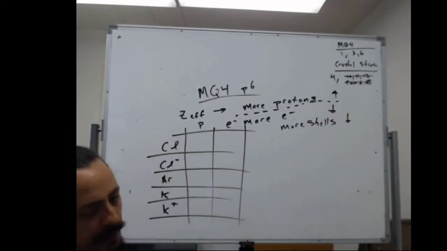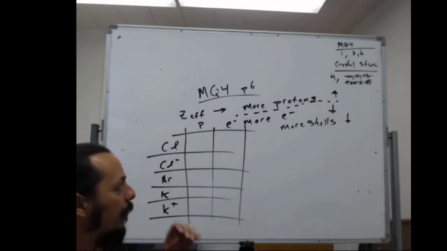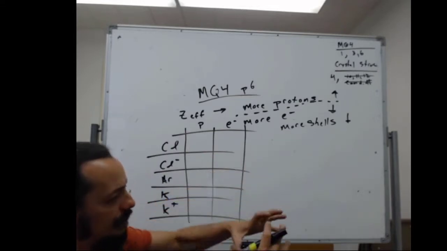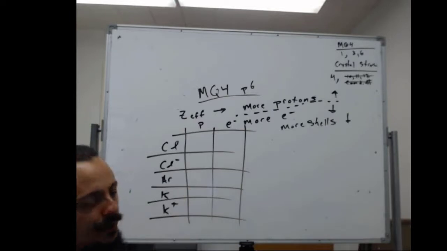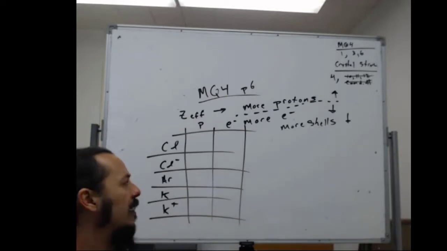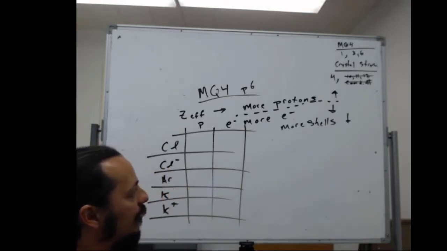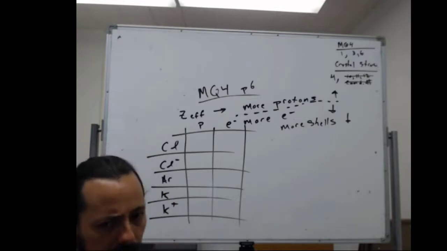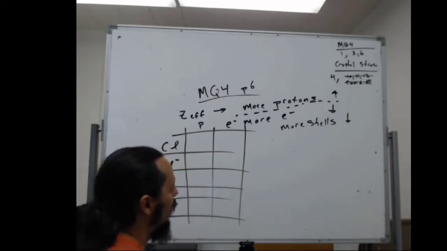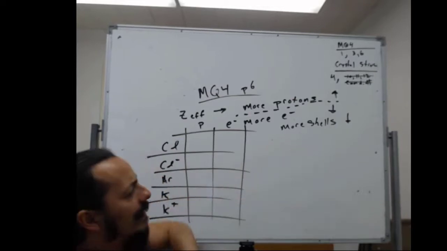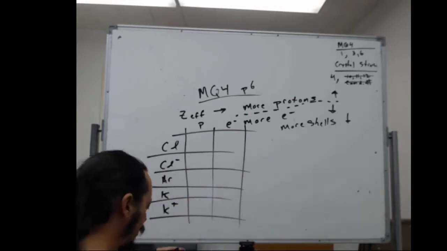It's not perfectly true, which is why I didn't include it before, but more shells, meaning further distance away from the nucleus, is also going to have an influence on Z effective, and typically more shells means less Z effective. It's a little more complicated than that, which is why I didn't include it in my original two.